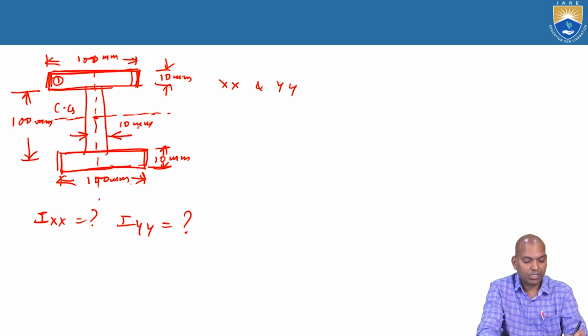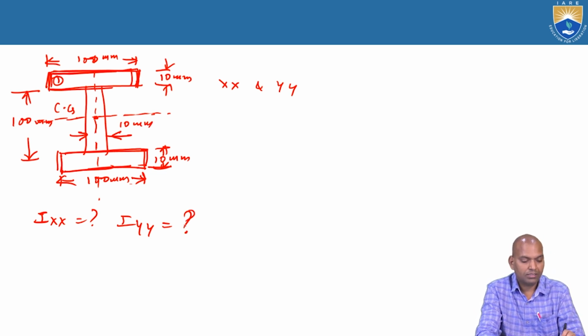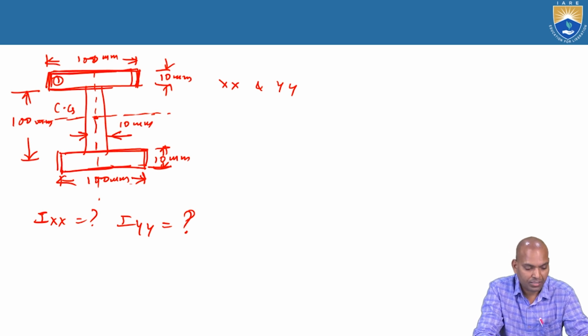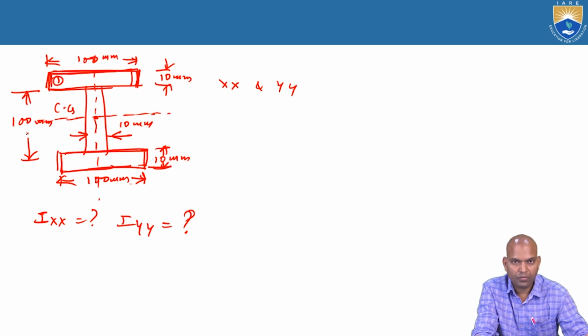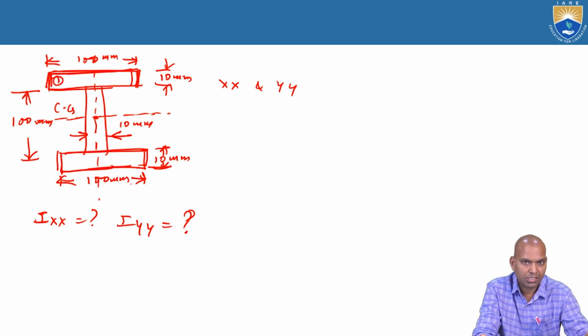For such sections, the location of the centroid can be located directly: half of the vertical distance and half of the horizontal distance is the location of the CG.